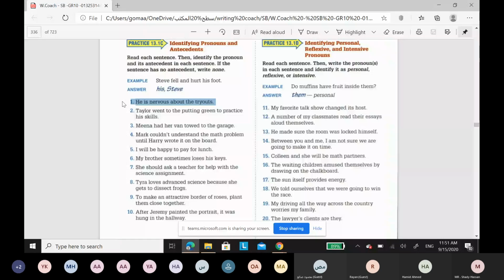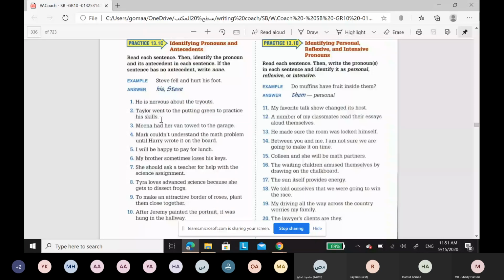So whom does it refer to? That means the antecedent. It's not clear; we don't know who "he" refers to. So I can say none for the antecedent.